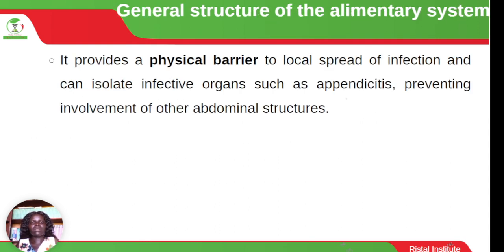It provides a physical barrier to local spread of infection and can isolate infective organs such as in appendicitis, preventing involvement of other abdominal structures. So it has a protective function. It acts as a curtain to make sure that it protects the inner organs from getting infected.